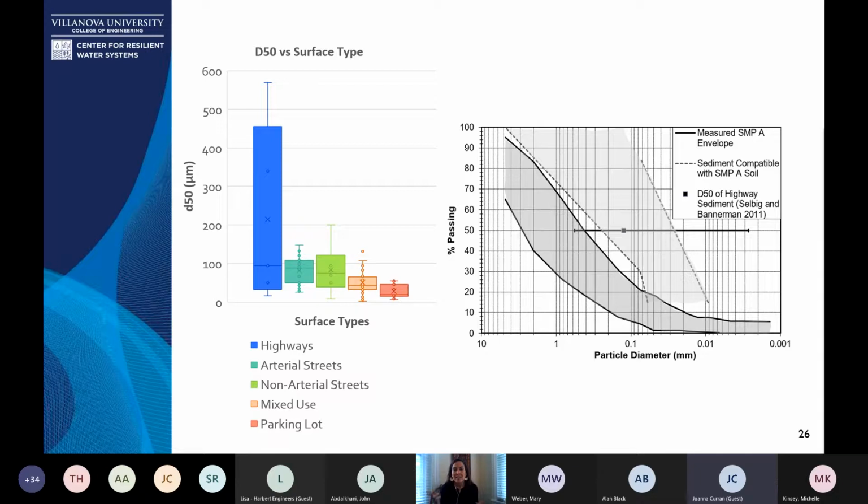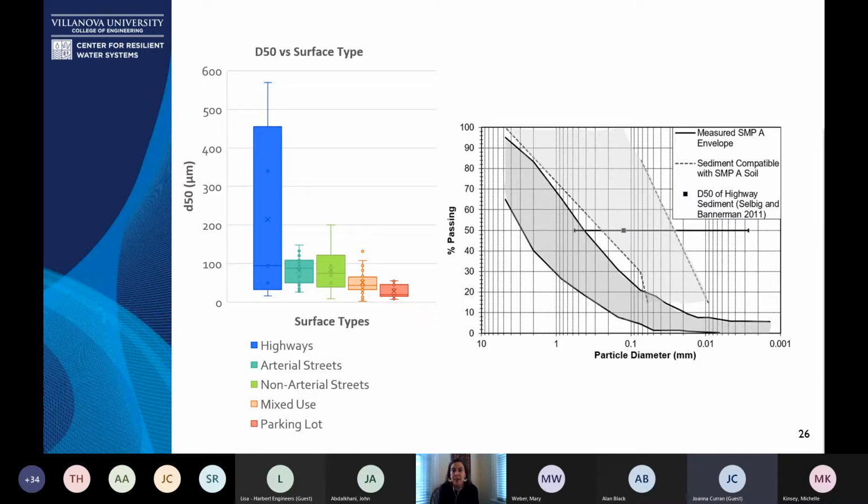So we mined the literature, and we came up with a distribution based on 70 different studies of what D50 looks like for runoff of different types. And what we found was roads with more usage generally had a higher D50 than roads with less usage. There was also a wider range in those roads compared to things like parking lots or mixed use surfaces.